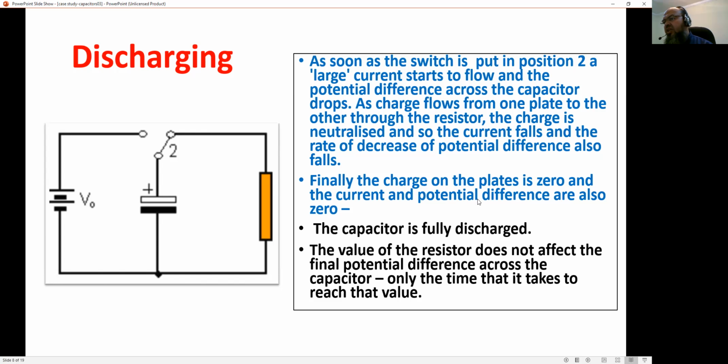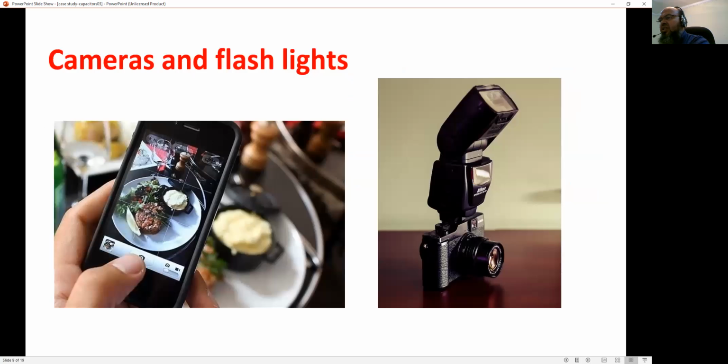Finally, the charge on the plates is zero and the current and potential difference are also zero and the capacitor is fully discharged. The value of the resistor does not affect the final potential difference across the capacitor. It only affects the time it takes to reach that value. So the resistance connected over here affects the time constant.